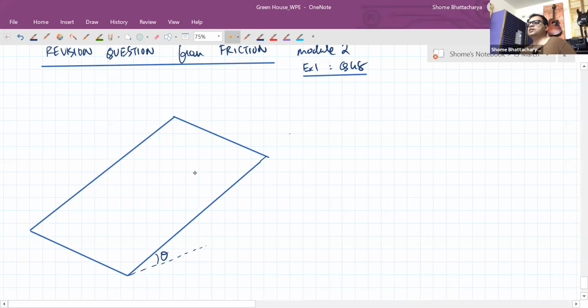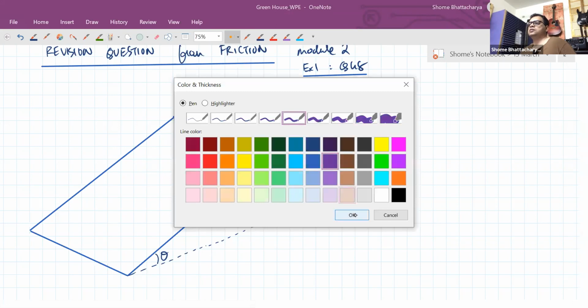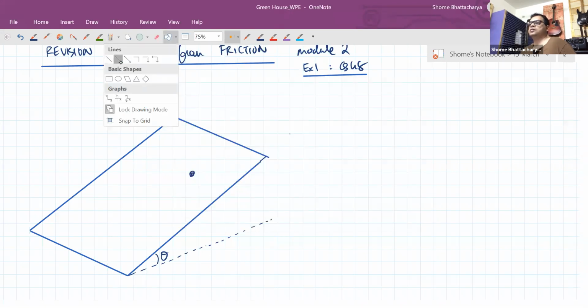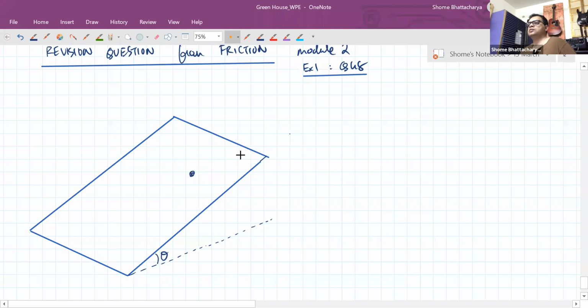If we keep a particle here now, for example, let us consider this to be our x-axis and this to be our y-axis, and therefore the normal to the inclined plane is our z-axis.